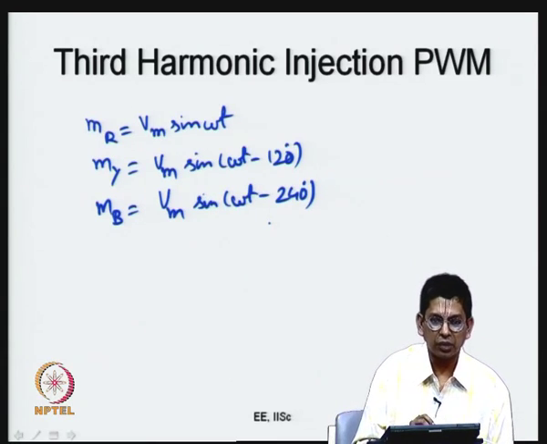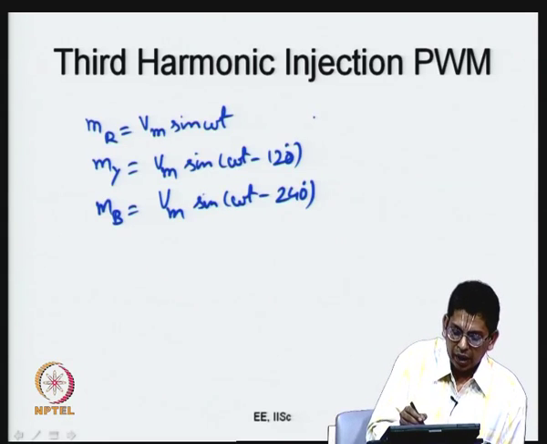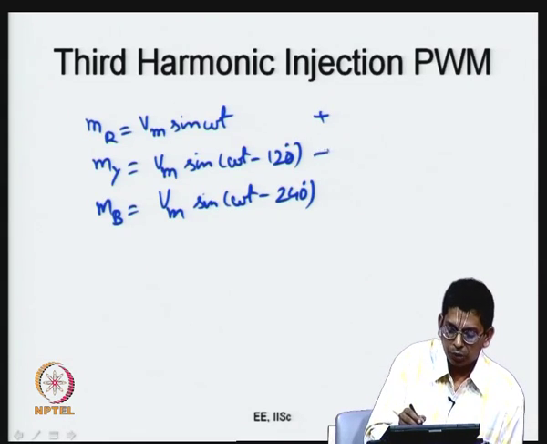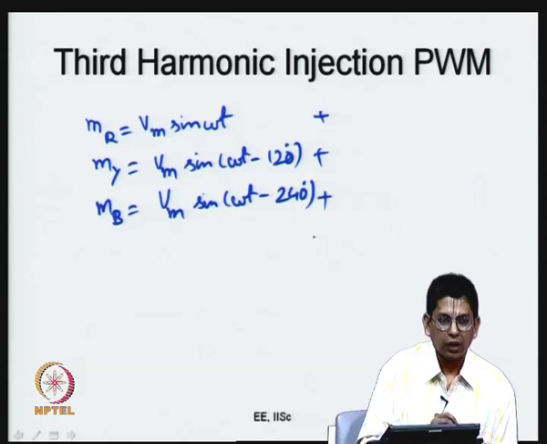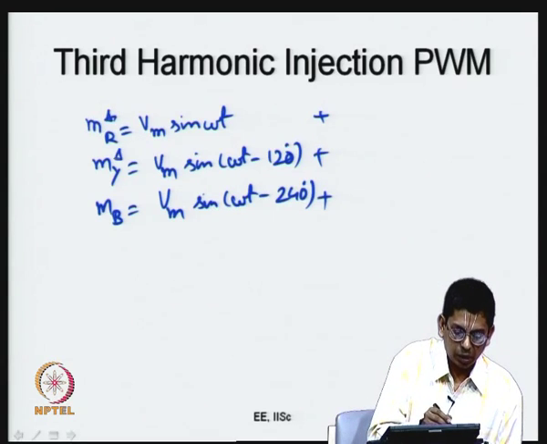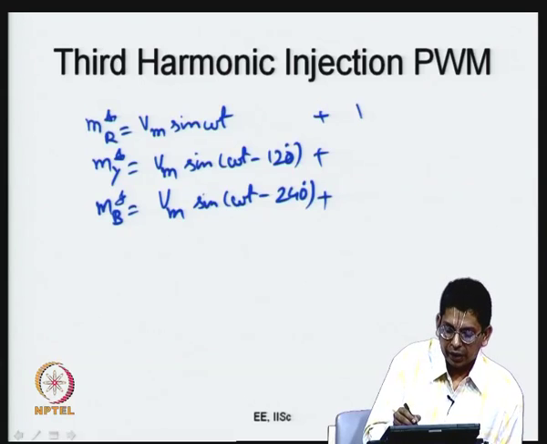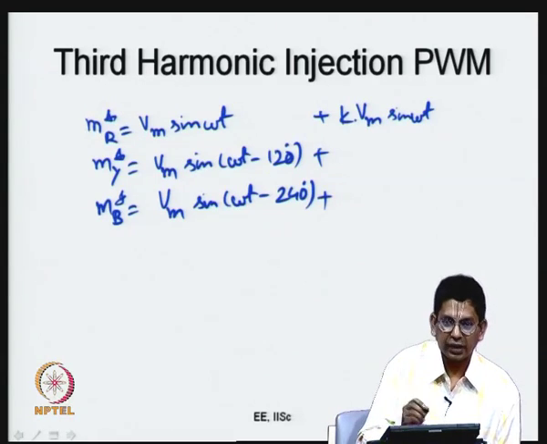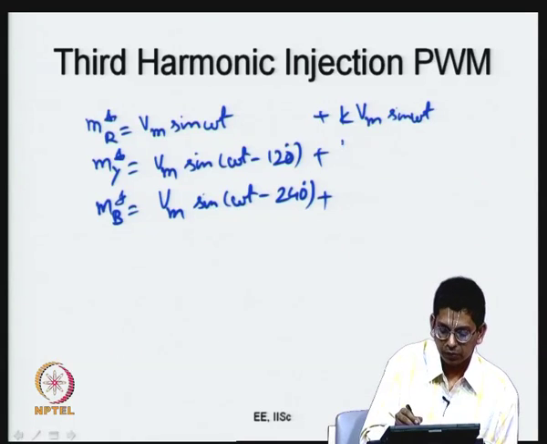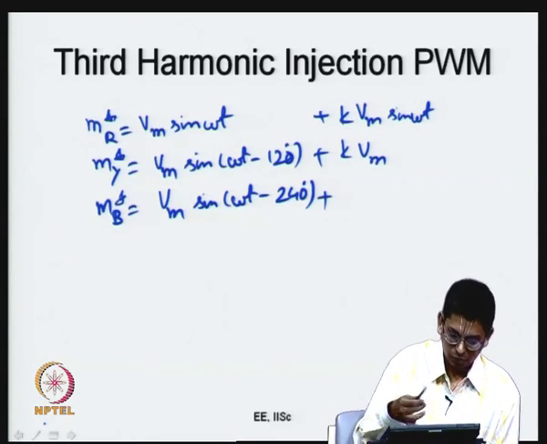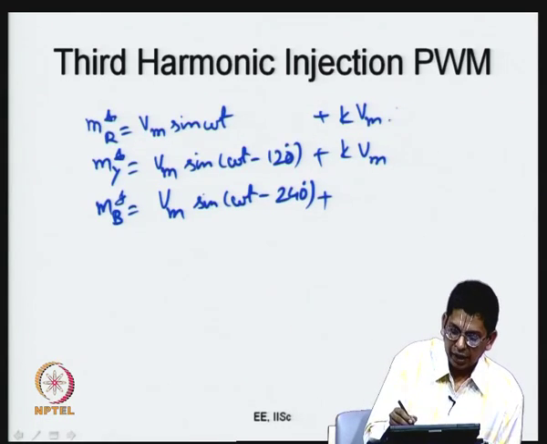How different is third harmonic injection? You add a certain common mode component to all the three and call them Mr star, My star and Mb star. What is the common mode component? It is k times Vm sin of 3 omega t.